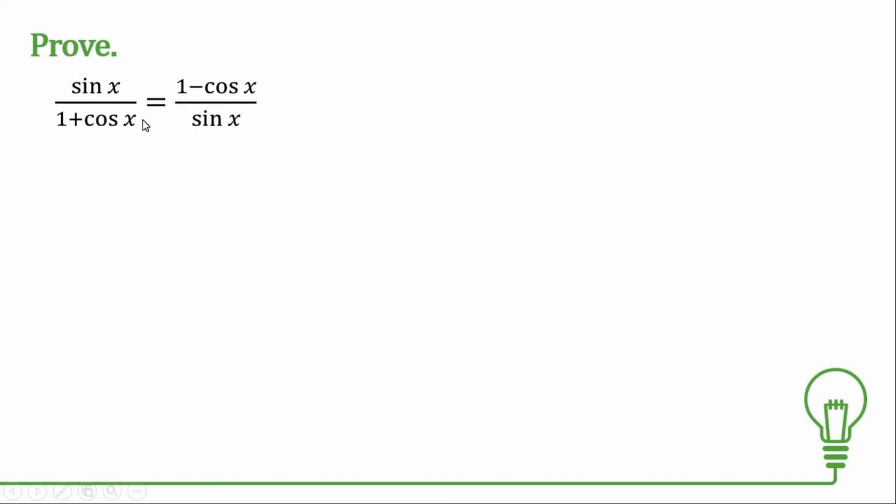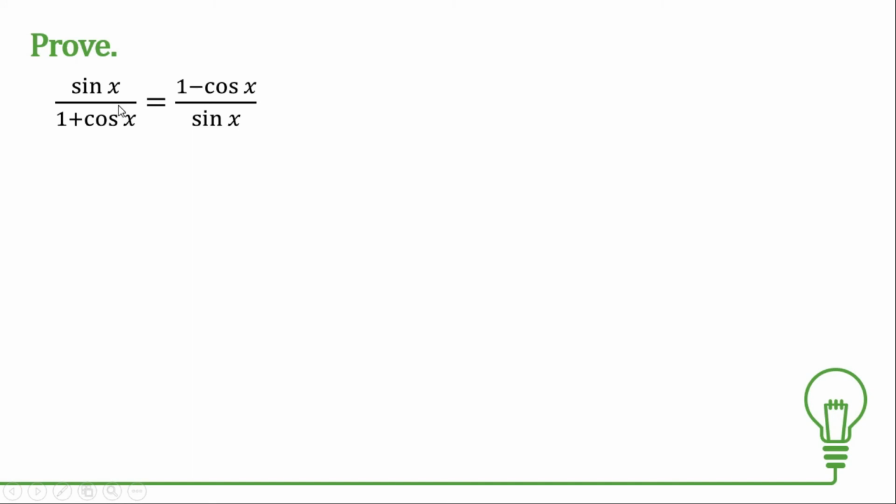But then kung mapapansin natin, si 1 plus cosine of x at saka si 1 minus cosine of x, they are conjugates. Okay? And kung gagalawin naman natin si right hand, medyo simple naman yung denominator niya compared dito kay left hand.